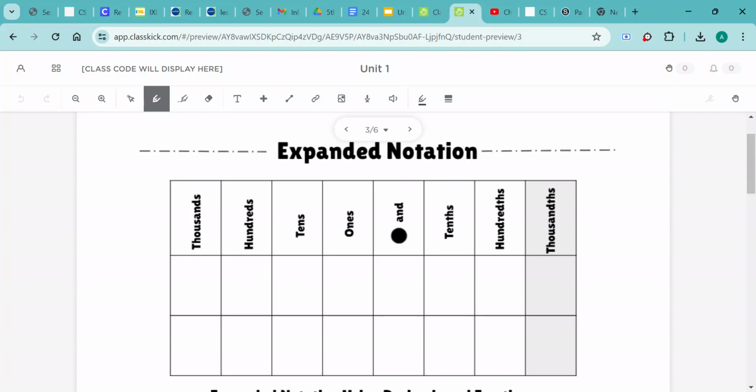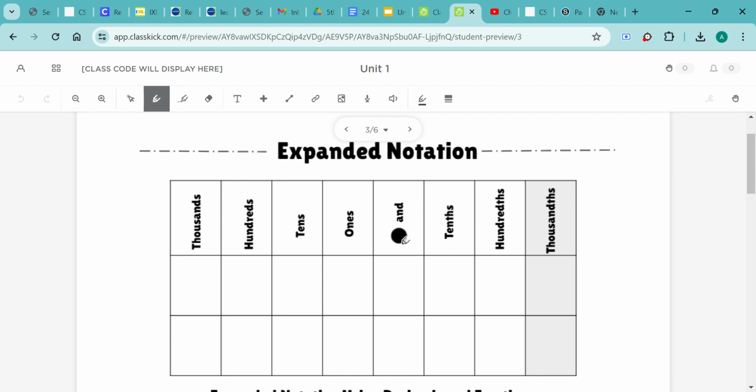Let's go ahead and just get started. So we have our place values, thousands. When a digit is in the thousands place, that tells us how many thousands we have. The hundreds, the tens, and the ones work the same way.